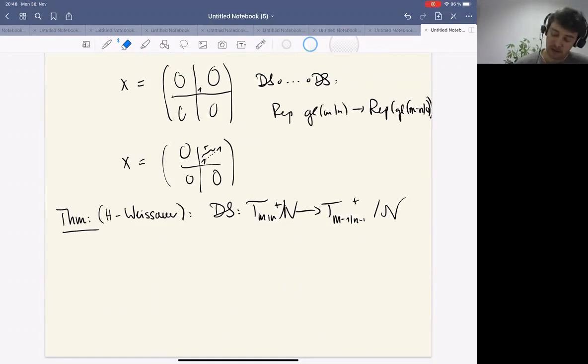So we have this induced DS functor, and basically the strategy is to say, okay, maybe if I go down far enough, then I understand the semi-simplification, and then I use this to inductively go back to the general TMN case. And I should say the theorem here uses a lot of machinery. For instance, as a special case, it includes that when you apply DS to an irreducible representation, then it's semi-simple.